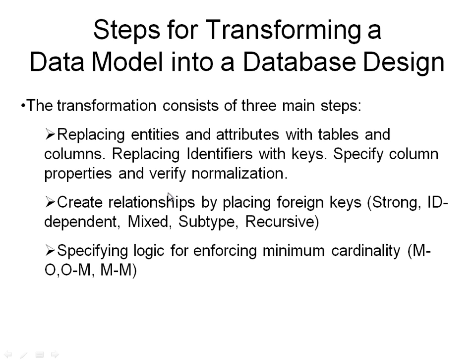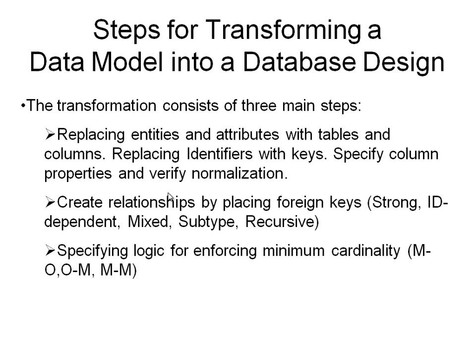So what are the steps of transforming the data model into a database design? The transformation consists of three main steps. First, replacing the entities and attributes with tables and columns. If you remember, we said an entity in the end will be a table, and the attributes or fields are the columns.